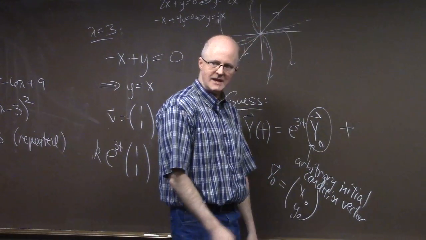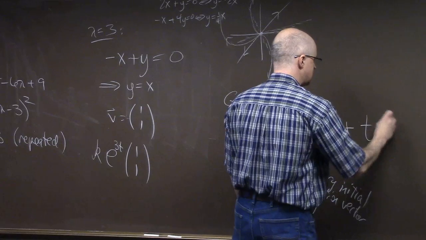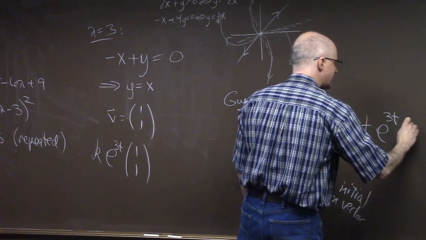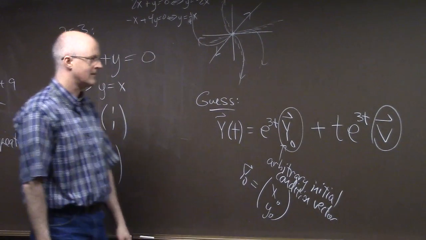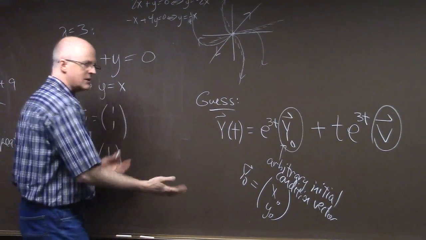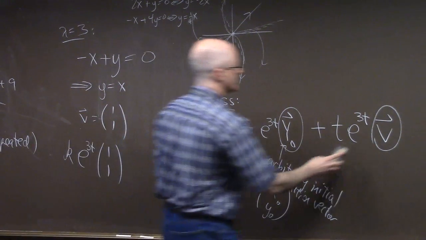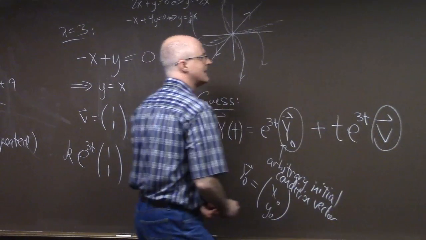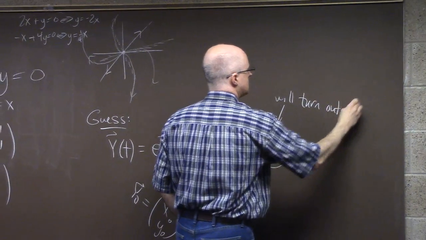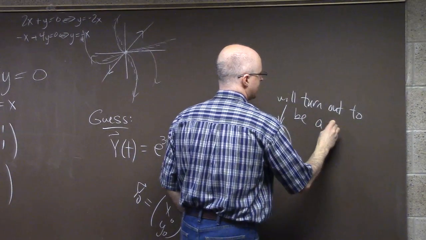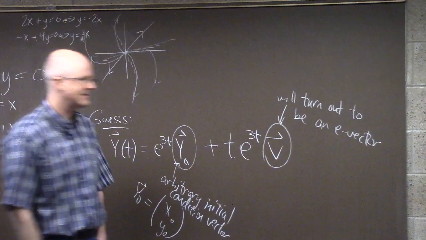And the term we're going to add is a little tricky. It's a little bit of guesswork, essentially. t times e to the 3t times, actually, I'm going to call it v. v, it's going to turn out, will be an eigenvector, a non-zero multiple of that, though you wouldn't know that necessarily ahead of time in guessing this. This will turn out to be an eigenvector if y0 is not an eigenvector.